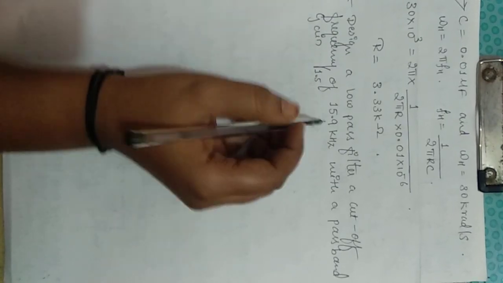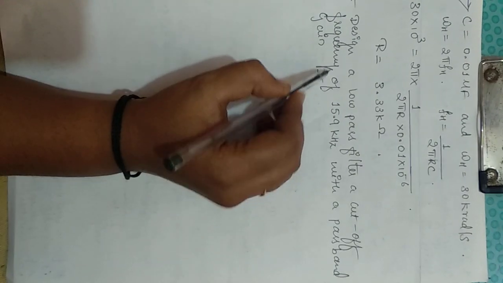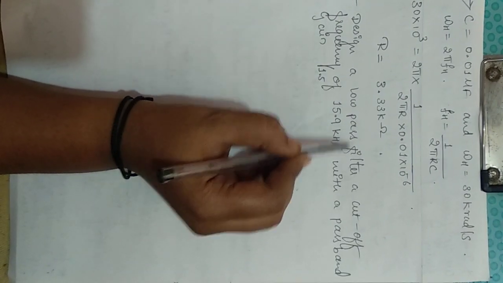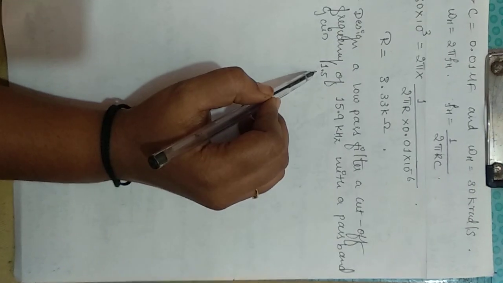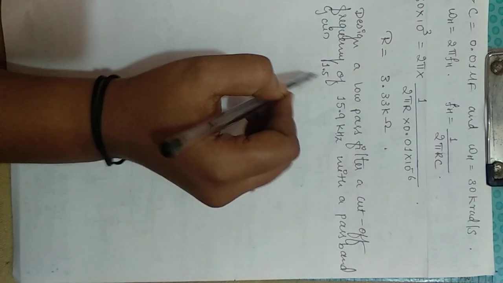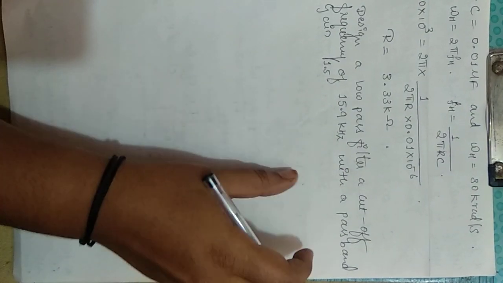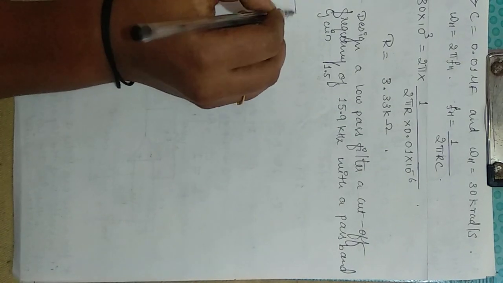So this is your homework problem. Please read the statement: design a low pass filter with a cutoff frequency of 15.9 kilohertz and a pass band gain of 1.5. Solve this problem.